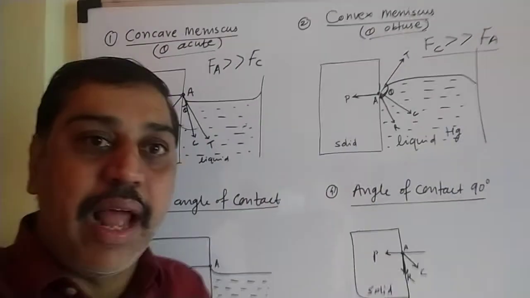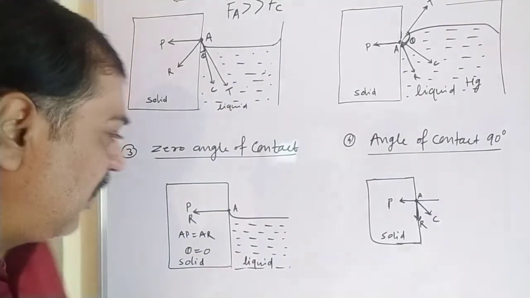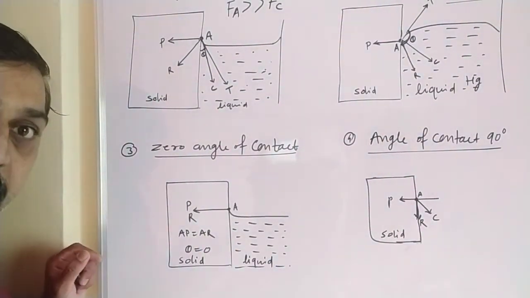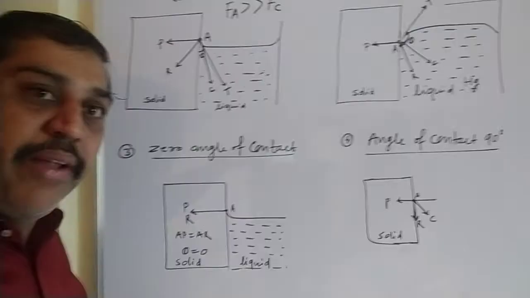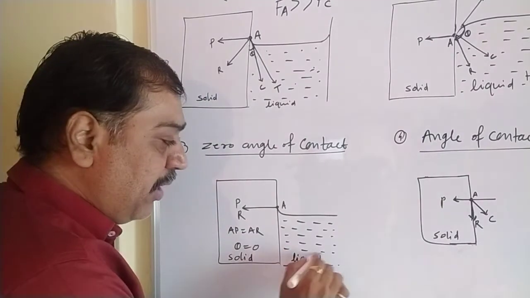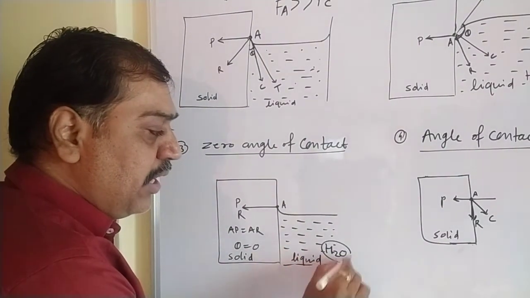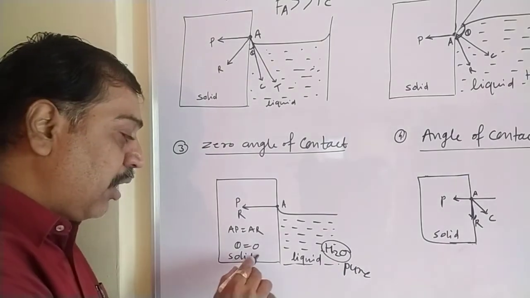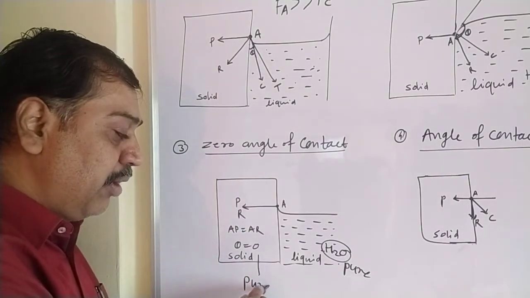Now let's go to the third diagram, which I have drawn here. This is zero angle of contact. Zero angle of contact is possible with certain liquids. Suppose we have taken pure water, not ordinary water, in contact with pure glass. There is no impurity.